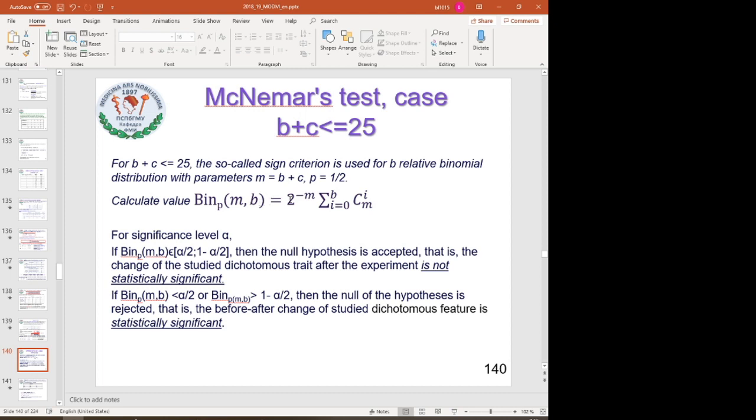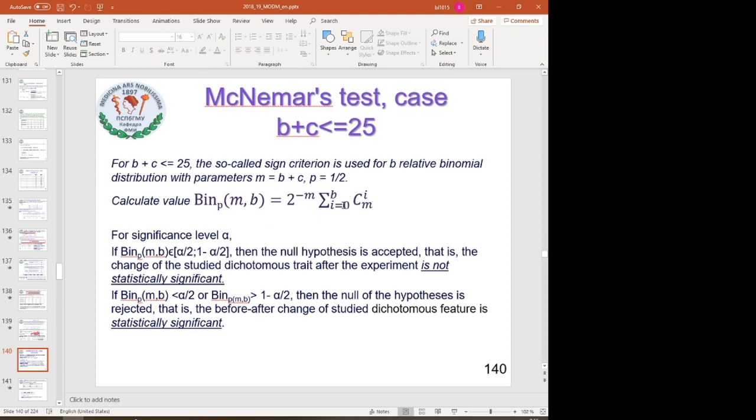So how to do that? We should summarize all events at the 0.05 significance level, or 95% confidence probability, the least ones and the greatest ones. How to do this?